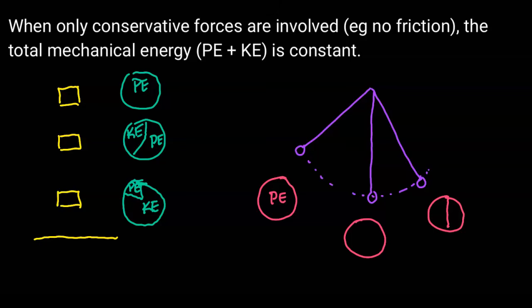Starting off on the left here, all the energy is potential energy, stored in the gravitational field. As it swings down, its energy is transformed into the energy of motion, which we call kinetic energy. Then it swings back up, and at some point some of the energy will be potential energy, and some of the energy will be kinetic energy.